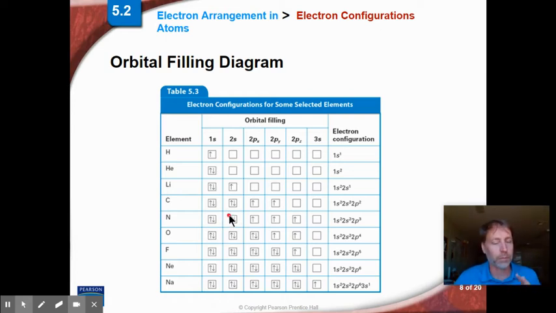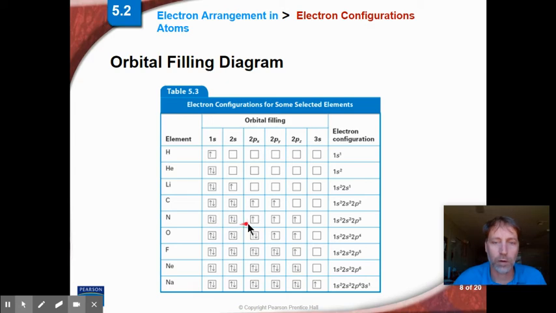The opposite spin pair of 2 is the Pauli exclusion principle, and then here's where Hund comes in. You fill the p orbitals, first time we're dealing with p, in the same direction before we come back. So each one of these p's, you got one in the x, one in the y, and one in the z.